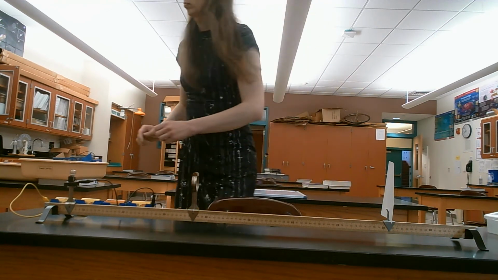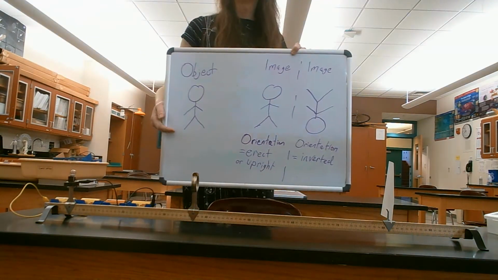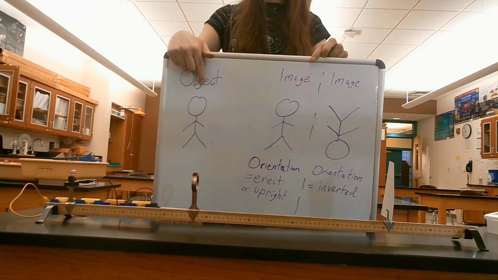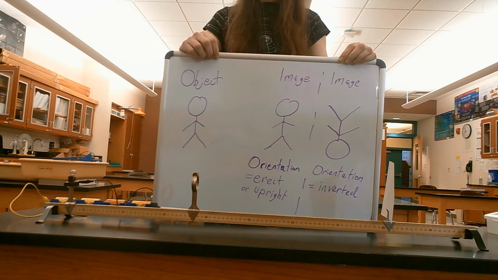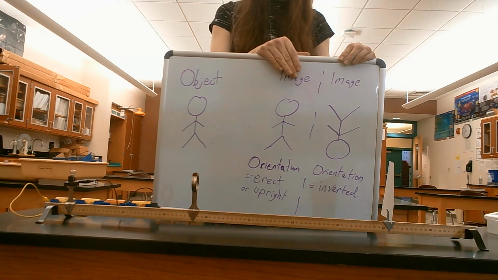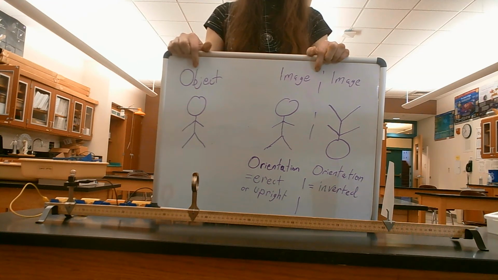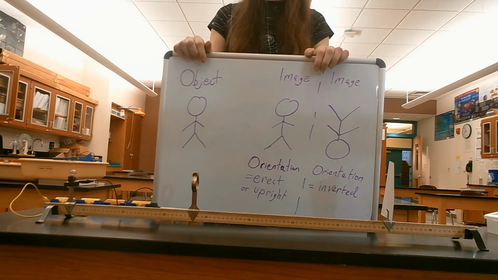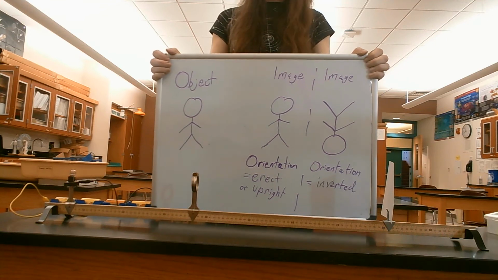So, when I mean orientation, if this is our original object, it might look just the same, but possibly a different size when we look at the image. If up on the image and up on the object are the same, if left on the image and left on the object are the same, we say that it is erect or upright.